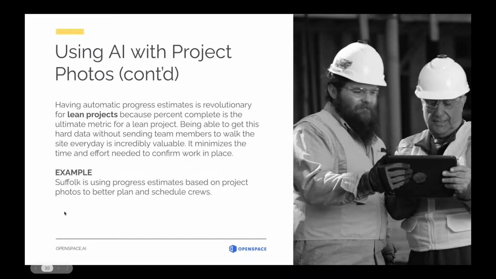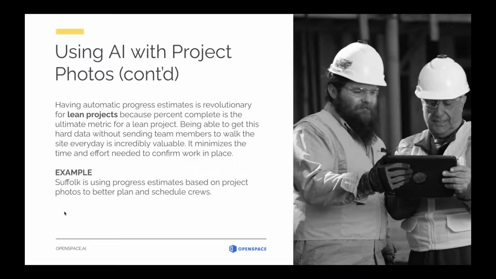So yeah, I have a quick example. Suffolk is using 360 technology pretty widely across their company. They've got really innovative lab directors who are also very progressive in the way that they apply technology, and they're using AI and 360 technology to create better estimates on how to plan their crews, how to plan their scheduling.